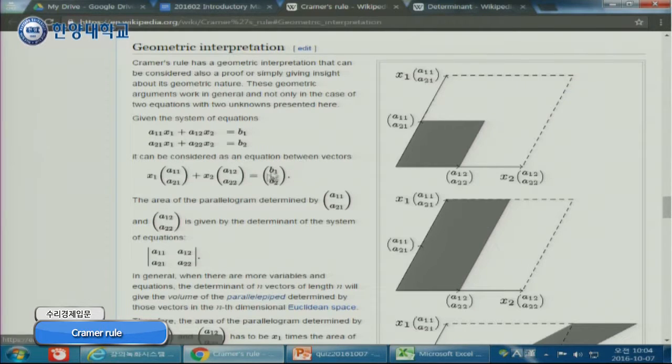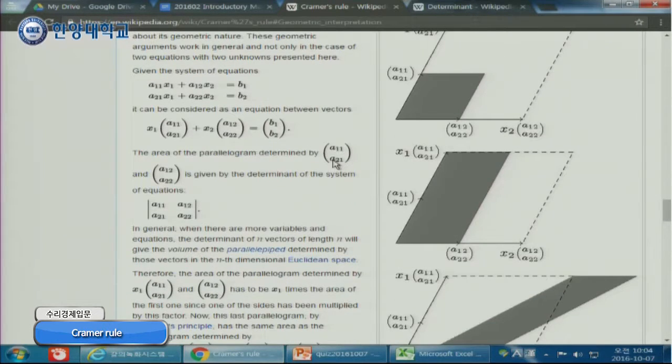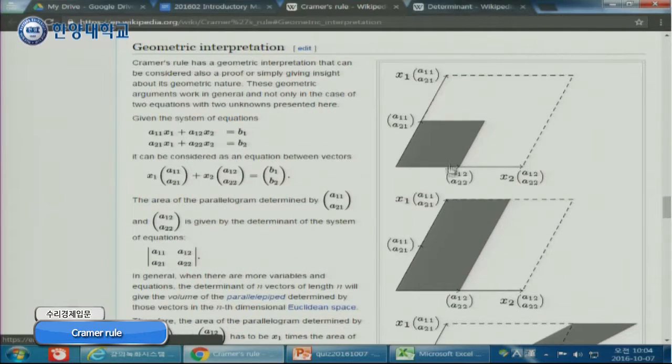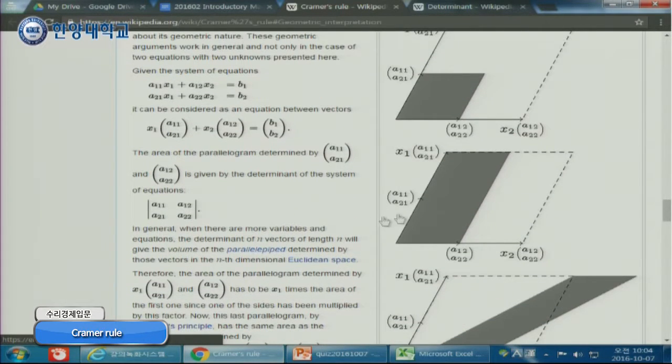Okay. And then our target is B1 and B2, right? Anyway, the determinant of the system is this one. So in general, when there are more variables like this, the area, okay, so first we are basically stretching this one. With more variables it is a parallelepiped, in the higher dimension.